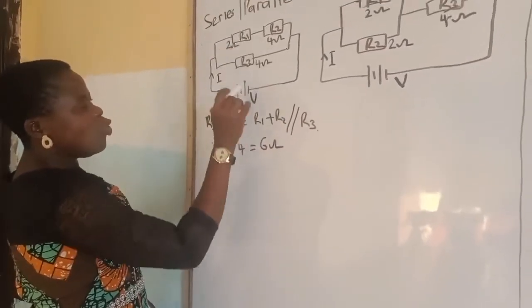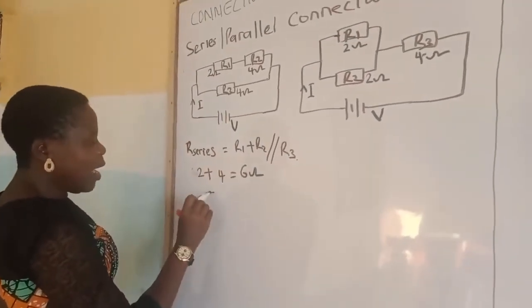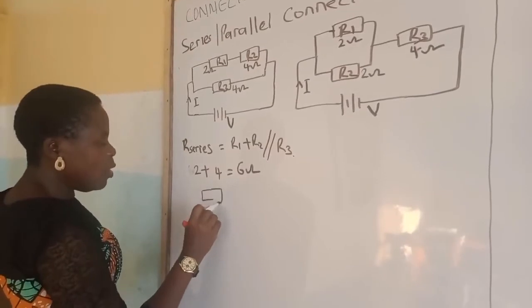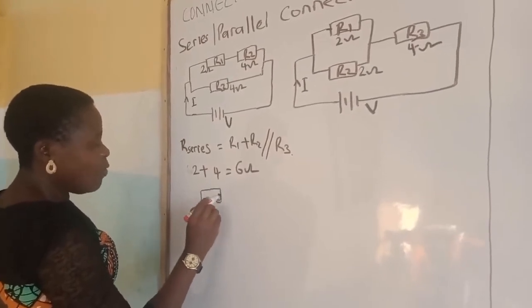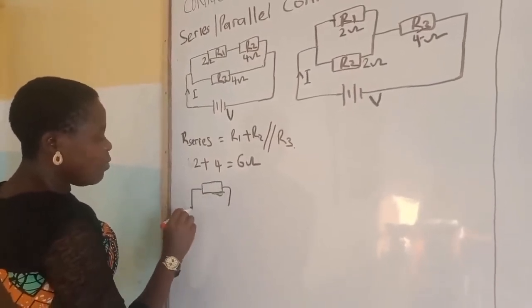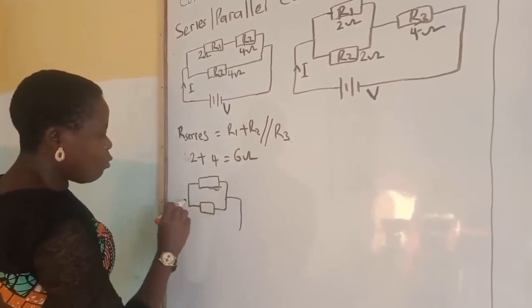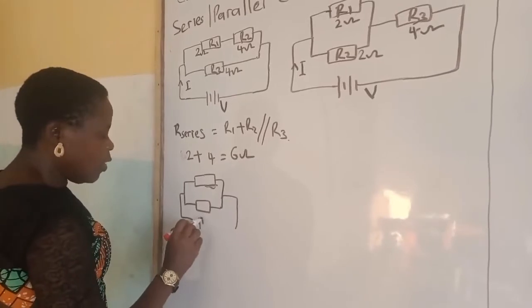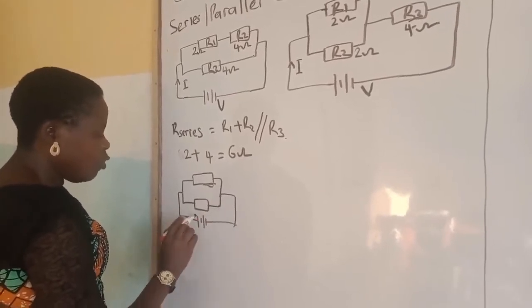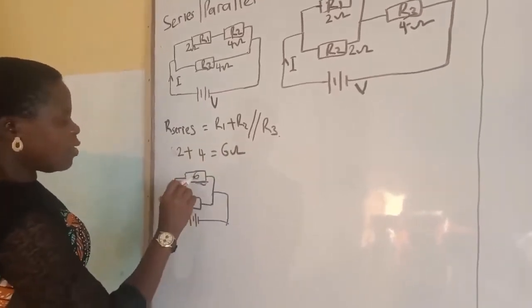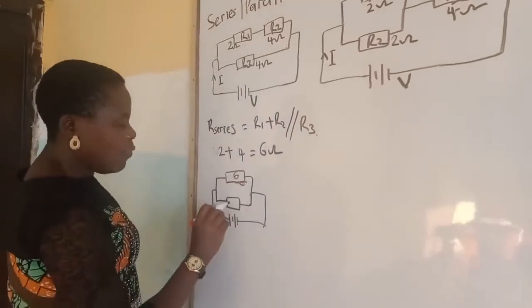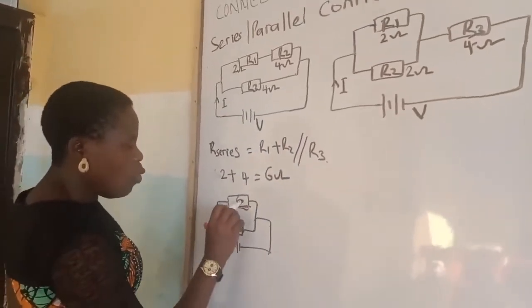Then, because the two, they are now in parallel with R3, our drawing will now change to this. We have this, we have this. So our parallel connection is out, which is the short form. The combination of this, which is 6 ohms, the combination of this, which is 4 ohms.